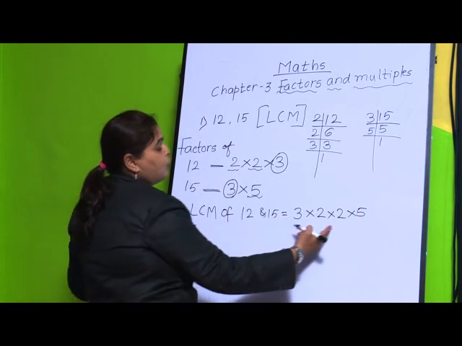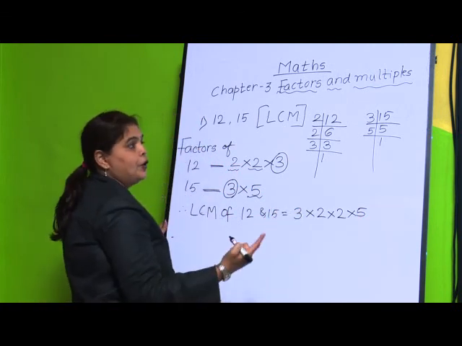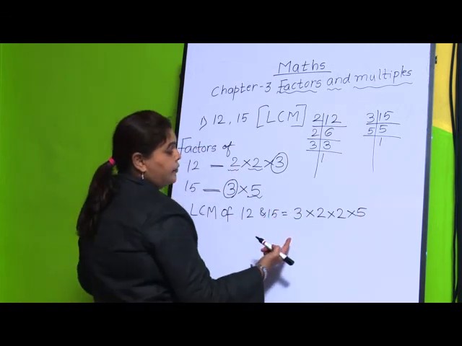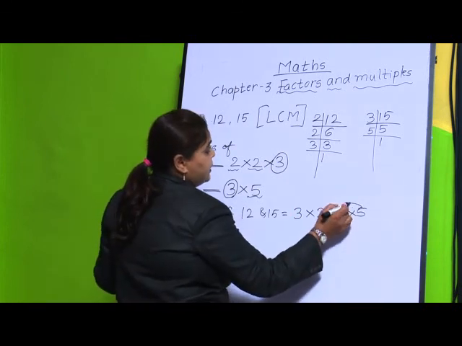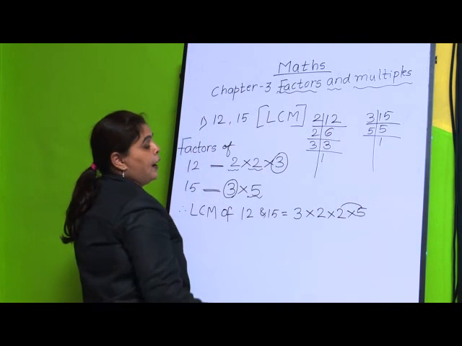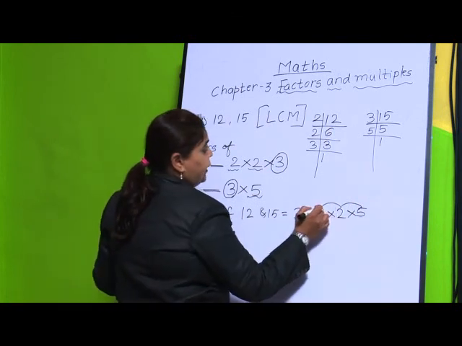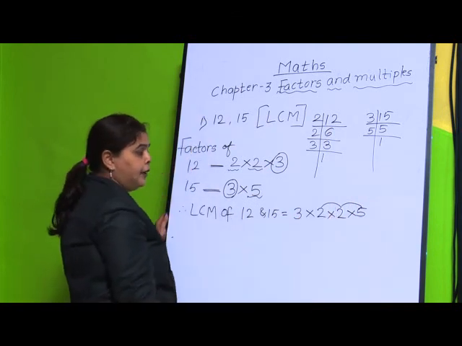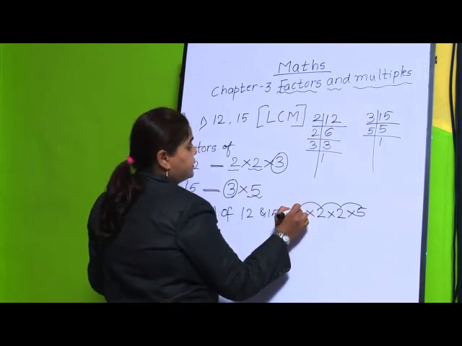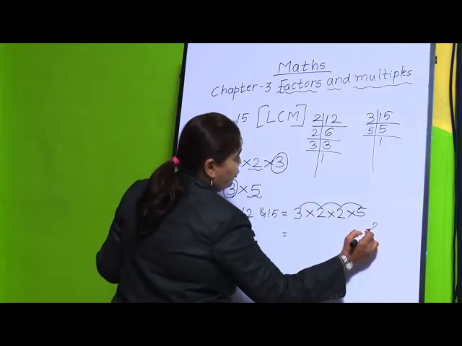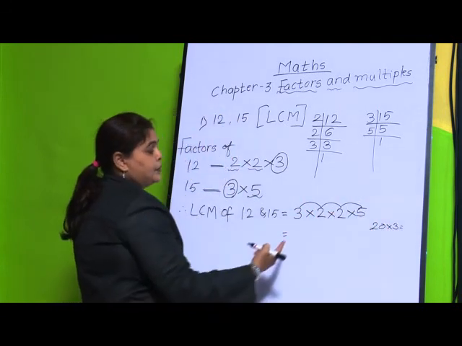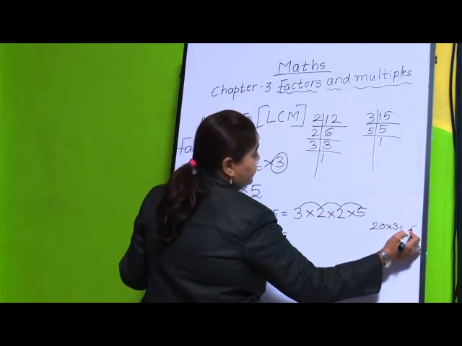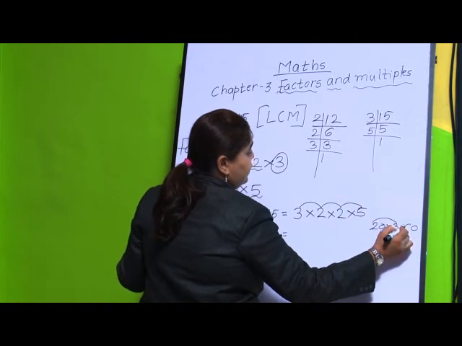Now we have to multiply. You can use your trick, you can use my trick, whichever is easy. Here it is just multiplication. 5 2s are 10, 10 2s are 20, 20 3s are, if you don't know, you can write 20, 3s are, I have told you the trick, it's very easy. We can write here 0 and 3 2s are 6.